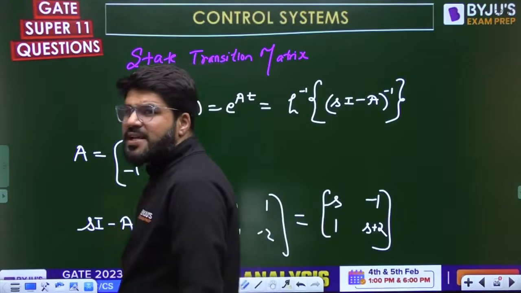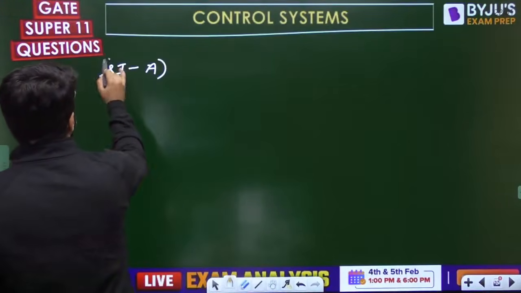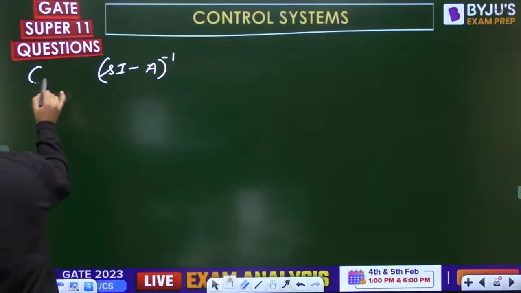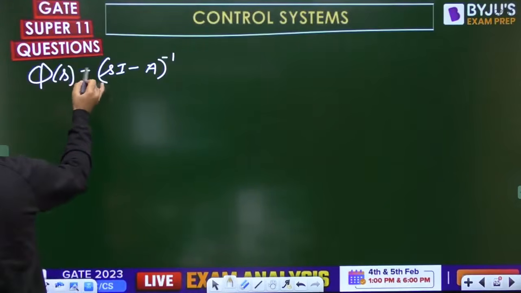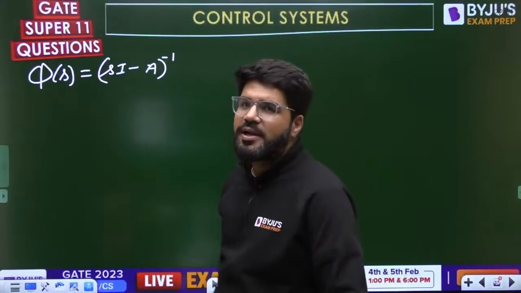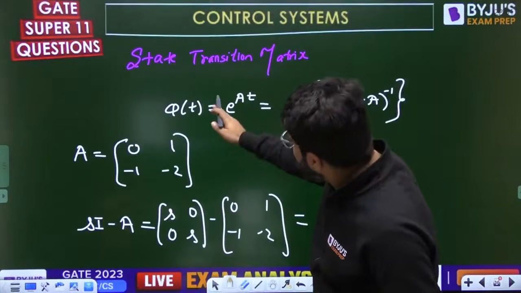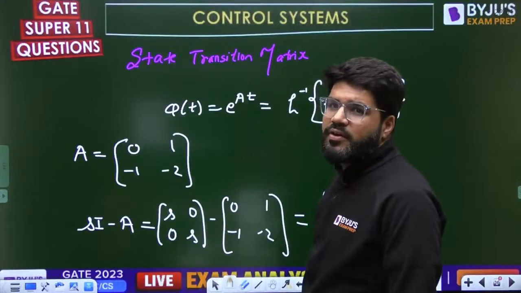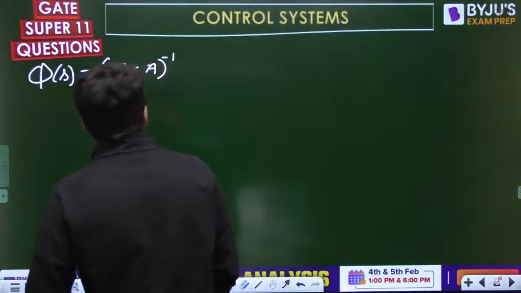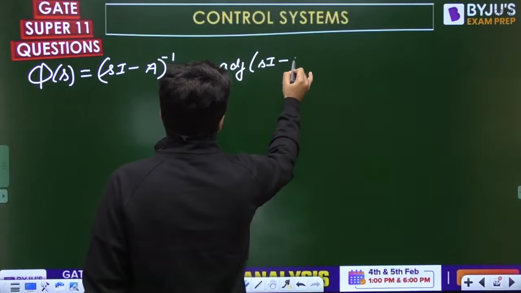Now, what is (sI minus A) whole inverse? We actually call it capital phi of S. Then we will take the inverse Laplace to get the time domain function phi t. The inverse of any matrix is adjoint upon determinant.